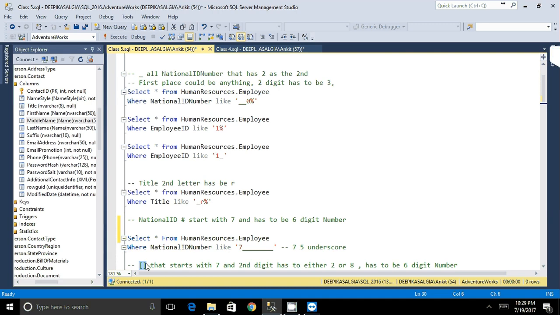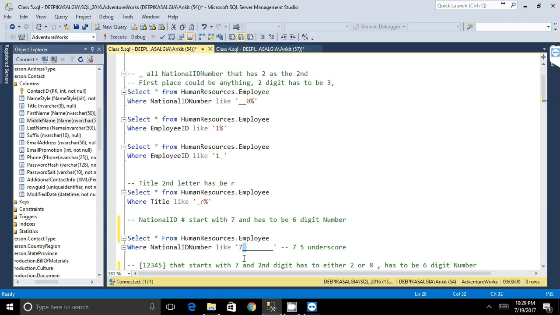Okay, so let's say if you put the square bracket and you put 1, 2, 3, 4, 5, it doesn't mean it represents the 5 digit. It still represents only 1 digit, but that 1 digit could be either 1, 2, 3, 4, 5. Right now it could be anything. It could be either alphabet, special character or number. But when you put the square bracket, it has to be either of these 5. The second place has to be. Make sense?